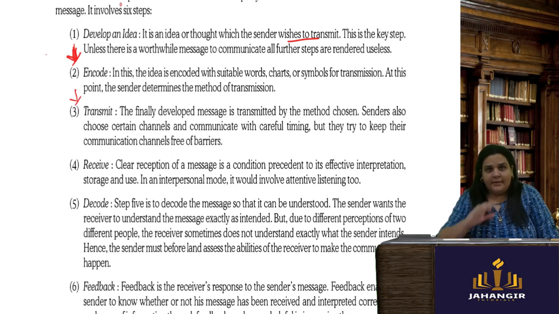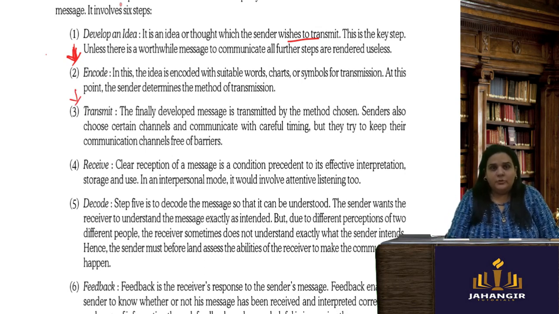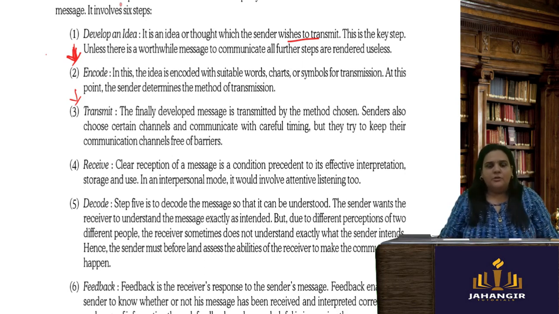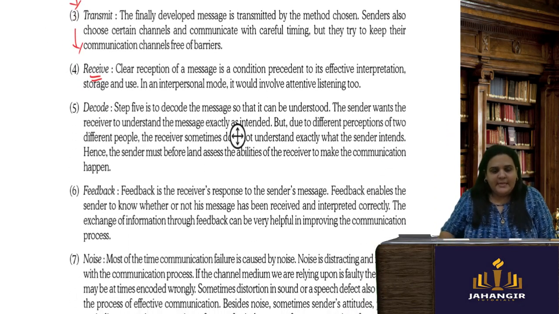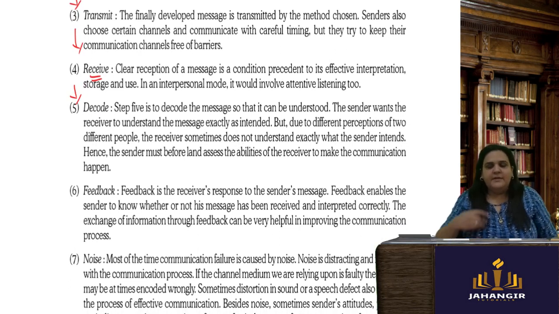Once I have encoded and written, I will transmit to the person who is at the receiving end. Say I'm sending an email to my employees or my interns. I will make a list of all the work and then transmit. My interns will receive the information, the message, etc. They will decode it, which means they will understand exactly what the sender has sent them.